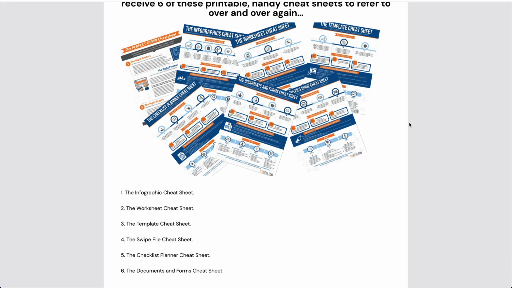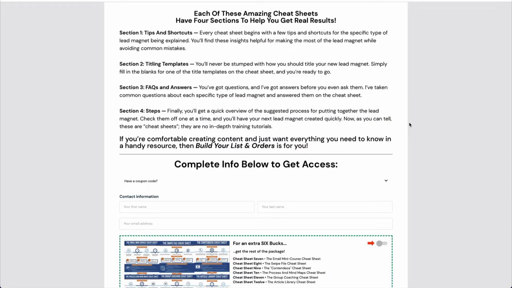That one planner will show you how not to have a desk full of pieces of paper all over the place with lists. And the documents and forms. You know, what kind of documents do you need in your business? This shows you what you really need to do. And you'll read this and you'll find out why I have all these things for you.